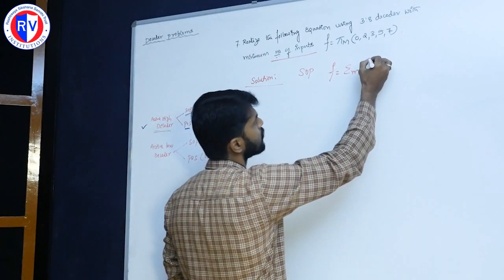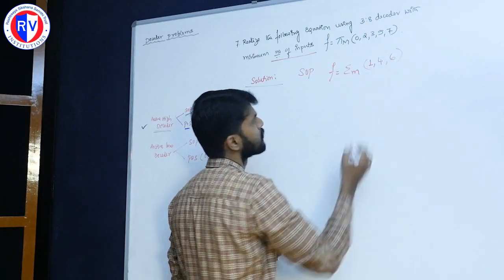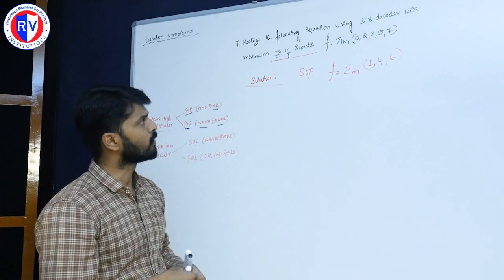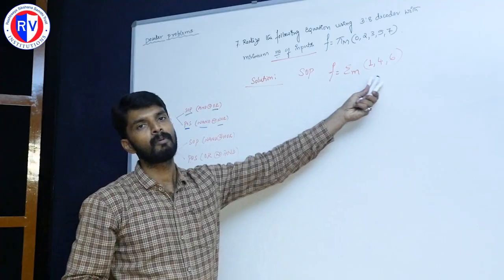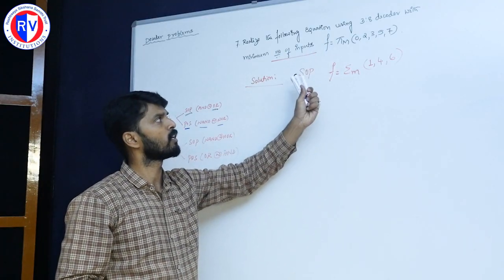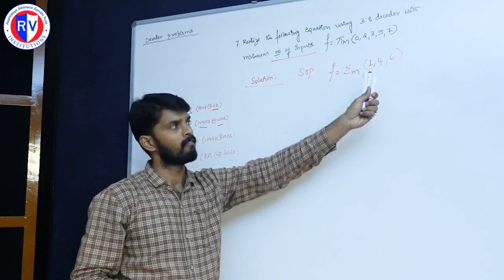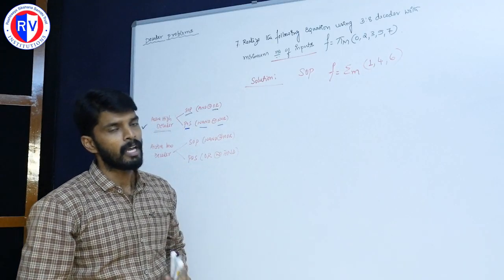So it is 1, 4 and 6. Compared to this, SOP has the minimum number of inputs, so I shouldn't use this POS. I need to convert this POS into SOP. Then I get f equal to summation m 1, 4, 6, which contains the minimum number of inputs.